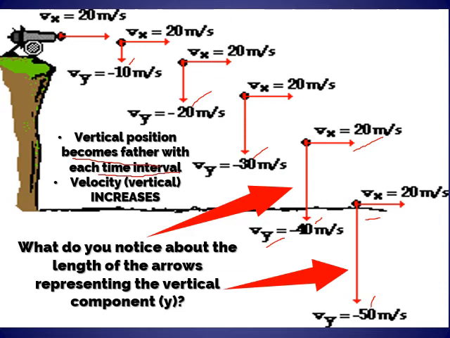At ano nangyayari sa velocity? As represented by the arrows here in our image, nagkakaroon ng increase in velocity. So as you can see, there is also an increase in the numbers here. Ayan o, given yung mga numerical values ng v sub y natin, for every second na mapapansin ninyo, there is an increase by 10 meters per second.